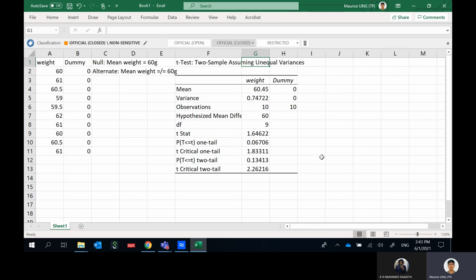So anyway, this is your T statistic. The T statistic is 1.64. The T critical value for the two-tailed test is 2.26.